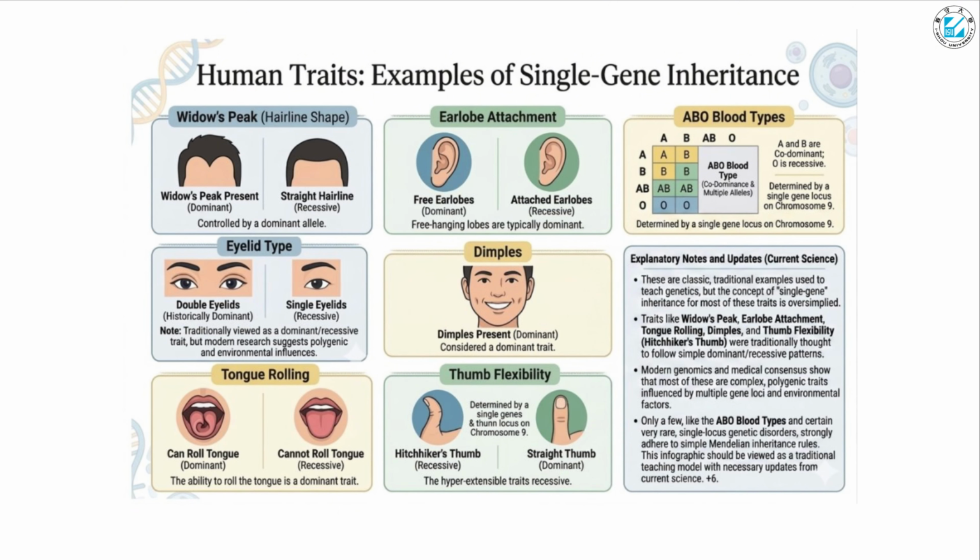Okay. If your thumb can press back, it's recessive. Now the straight thumb is dominant. Okay. And then the other is ABO blood type. ABO blood type has A blood type, B blood type, AB blood type, or O blood type. This is single gene inheritance.